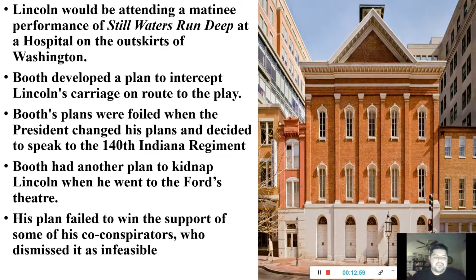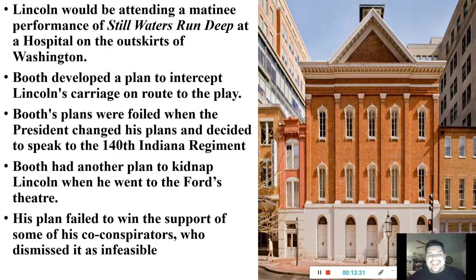We can do this. But the conspirators are like, you do realize that Lincoln is like 6'5", right? And that this building is in the middle of town. There's going to be a bunch of people there looking at him, like, oh my God, there's the president. He's so cool. Oh, wow, he's really tall. And if they did capture him unsuspectingly, they're in the middle of town.